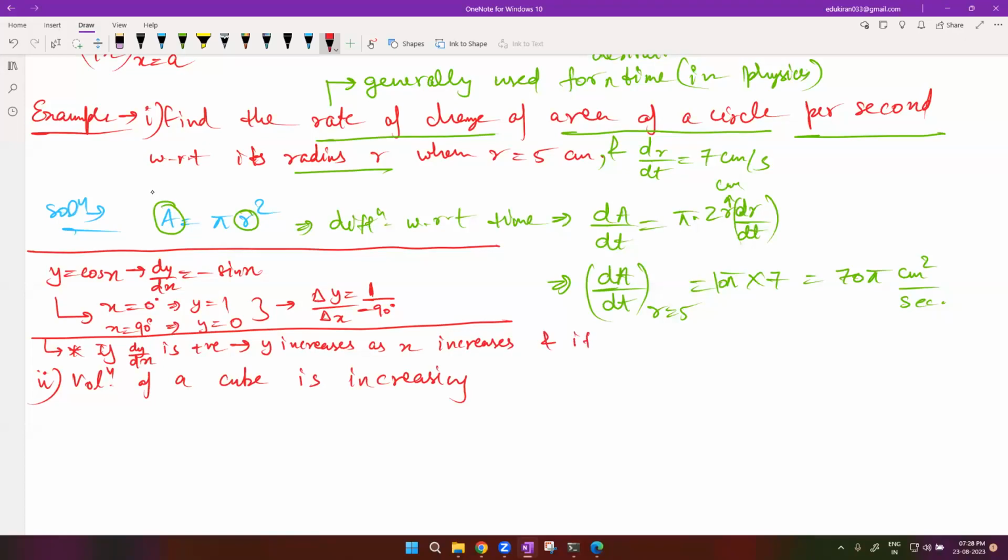And if dy by dx is negative, it means that y decreases as x increases.